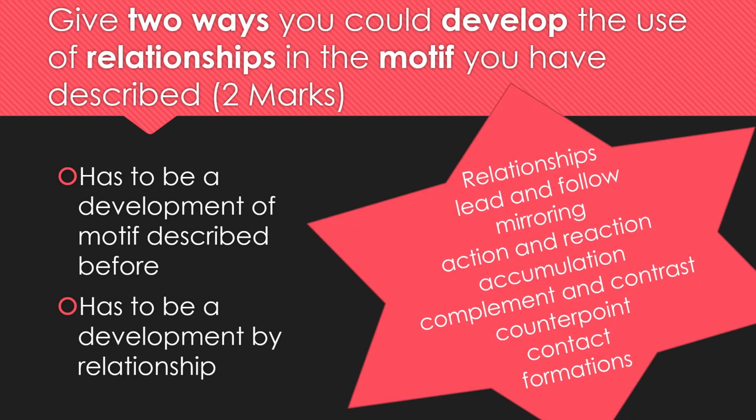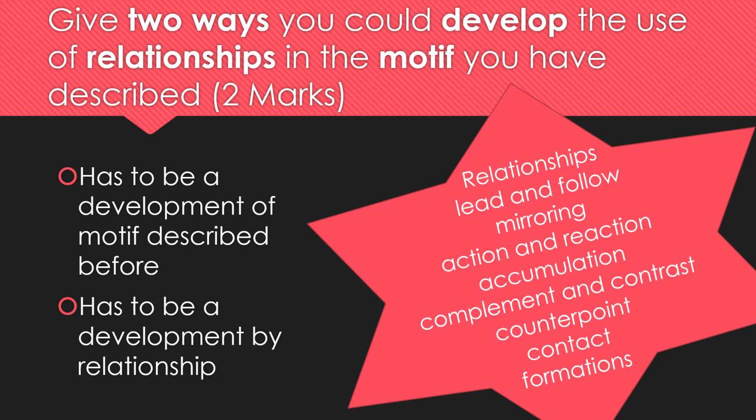So, know your relationships, which are lead and follow, mirroring, action, reaction, accumulation, complement and contrast, counterpoint, contact, and formations. A nice simple one in that is formations for me. So you could just talk about 2 dancers are downstage whilst one is behind them in the middle, forming a triangle formation whilst they walk forward.